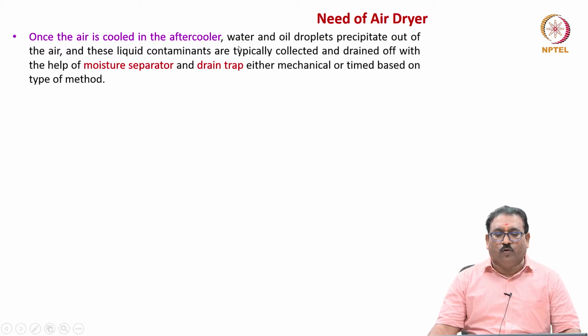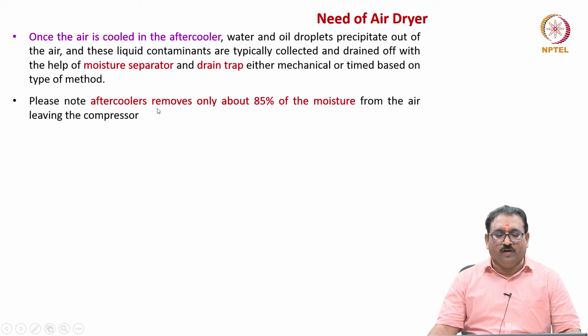Once the air is cooled in the aftercooler, what happens? Water and oil droplets precipitate out of the air, and these liquid contaminants are typically collected and drained off with the help of a moisture separator and drain trap, either mechanically or time based, depending on the type of method used.